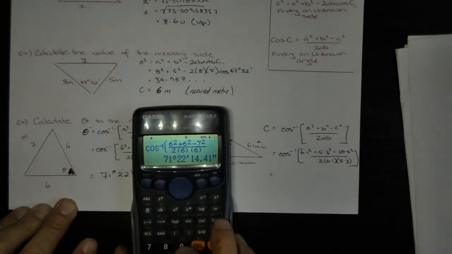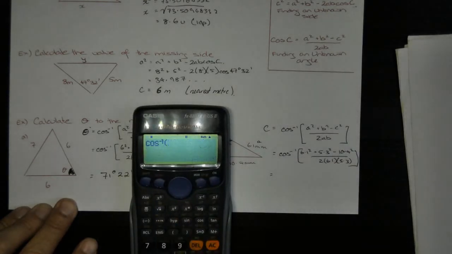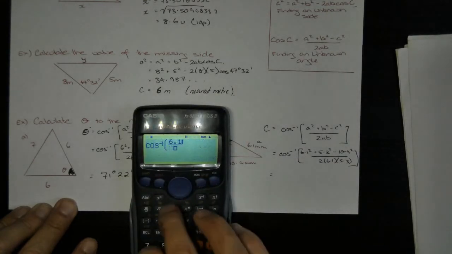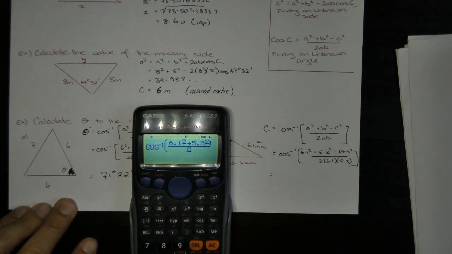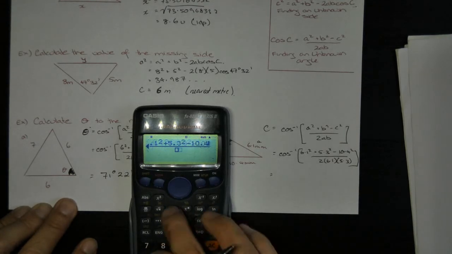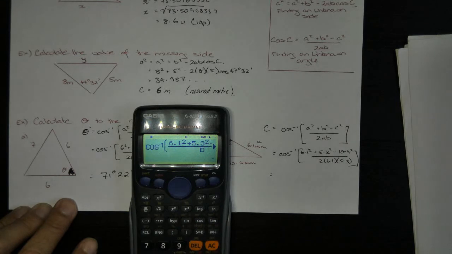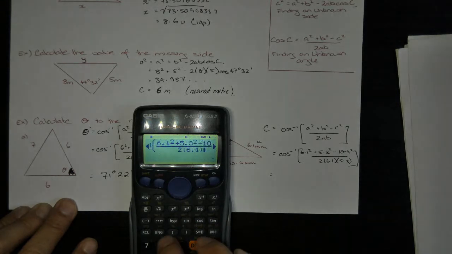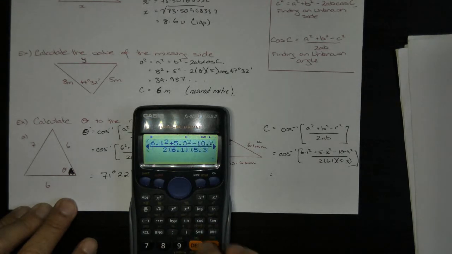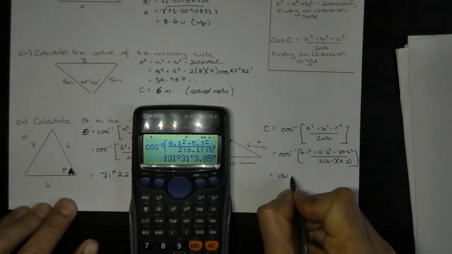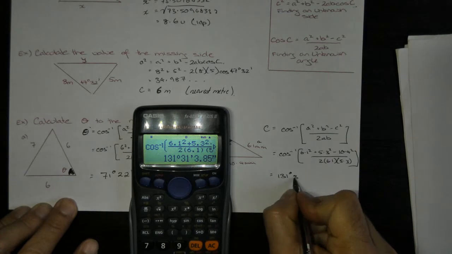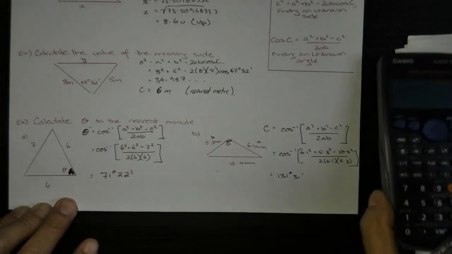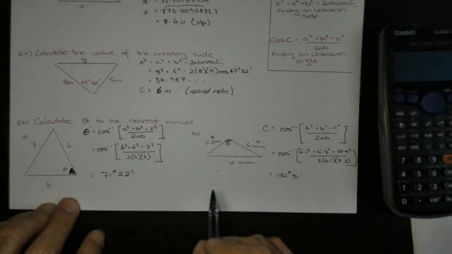Okay, so shift cos, 6.1 squared plus 5.3 squared minus 10.4 squared over 2 lots of 6.1 lots of 5.3. Press degrees minutes seconds, 131 degrees and 31 minutes. Okay, and that's what theta is.